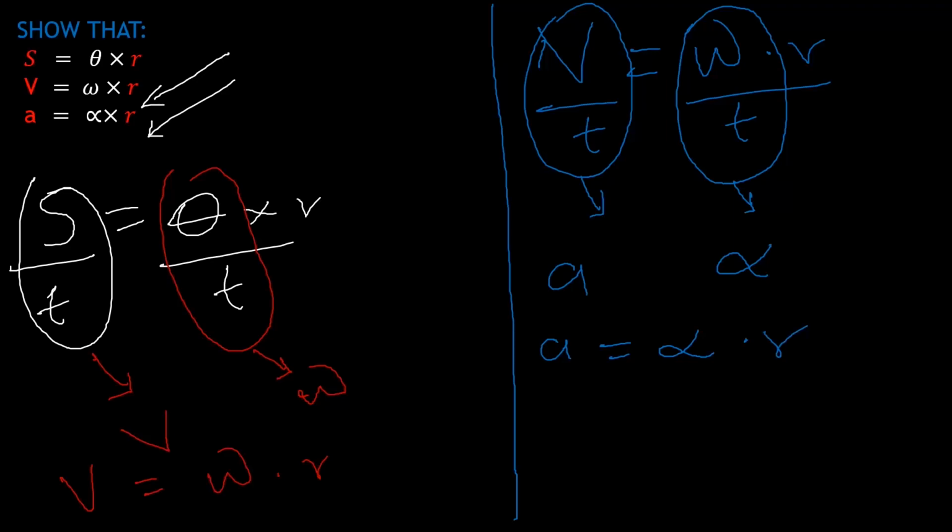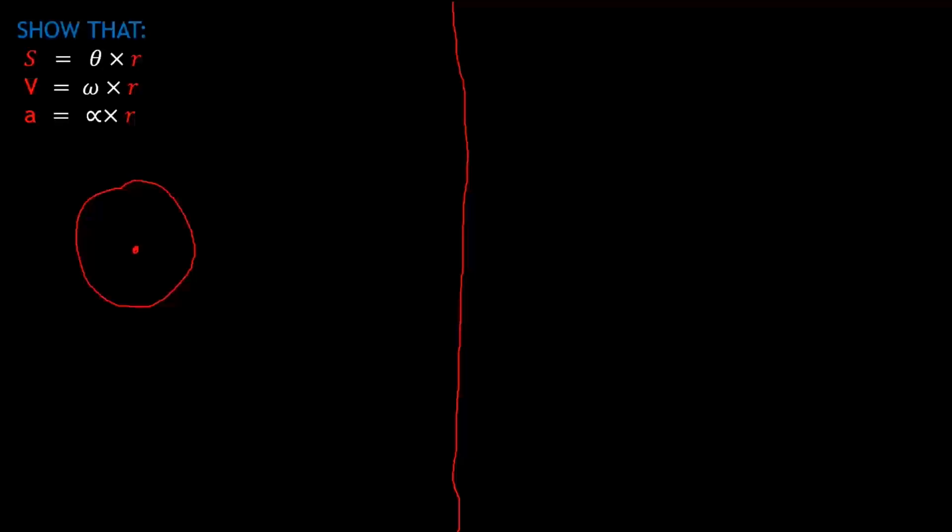Very simple. Okay. Now, how do we prove that S is equal to theta times R? Because that's the bone of contention here. Let me divide my board as usual. Now, if this is a circular path, this is the center of the circle.